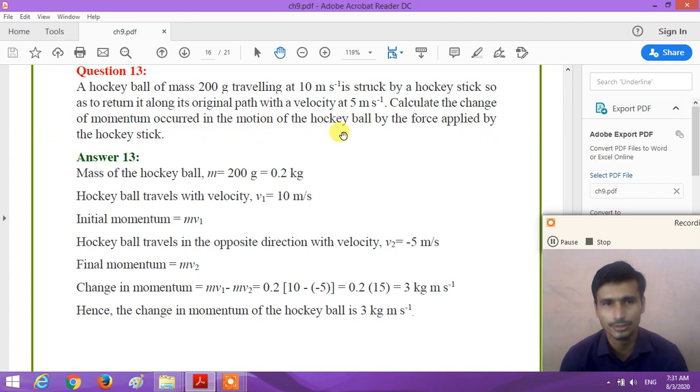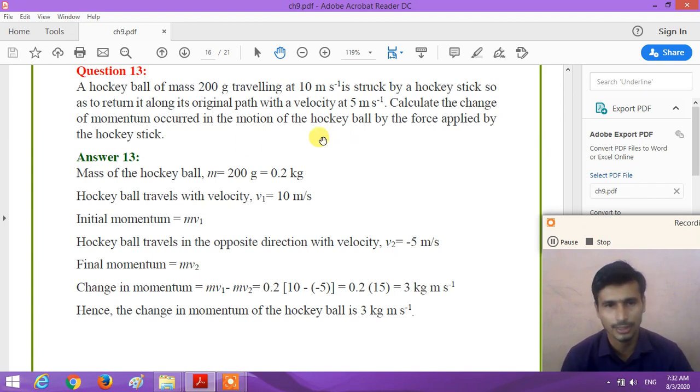So here dear student, a hockey ball of mass 200 gram is given to you, moving with a velocity of 10 meter per second in a straight line, right? So a hockey stick applies a force on the hockey ball, so it returns with a velocity of 5 meter per second in its original path. So we need to calculate the change in the momentum of the hockey ball.